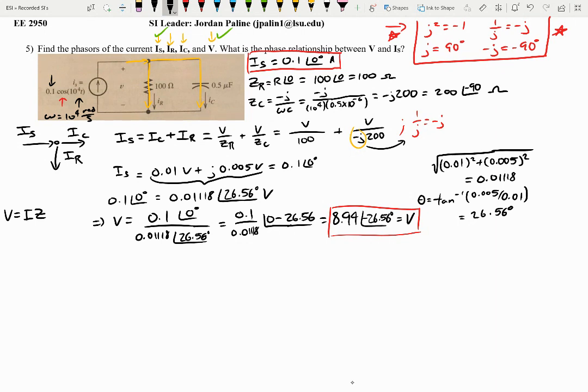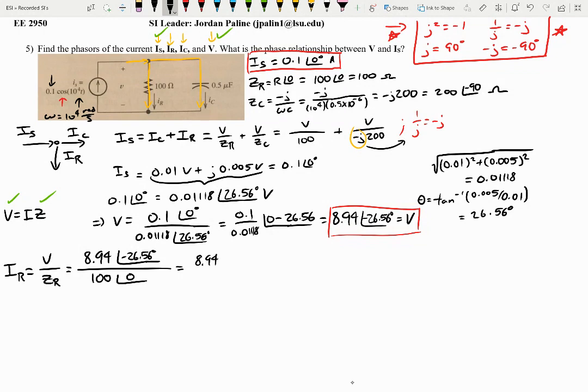If we know the voltage across every branch, and we know the impedance of each one, we can just rearrange and solve for the I. So I of R will be voltage over Z of R, which will be 8.94 at angle negative 26.56 degrees over 100 at angle 0.